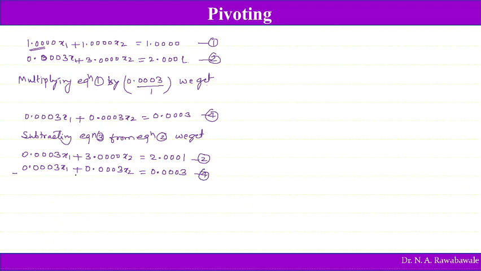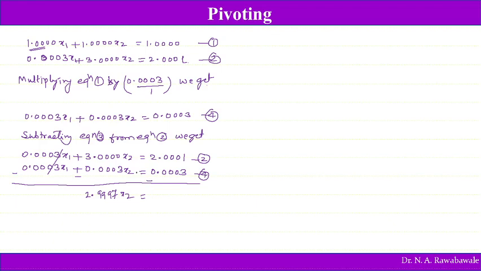So now subtracting this equation number 4, we change the signs, then this first term gets cancelled, so 3 minus 0.0003, this is going to become 2.9997 x2, which is equal to 2.0001 minus 0.0003.